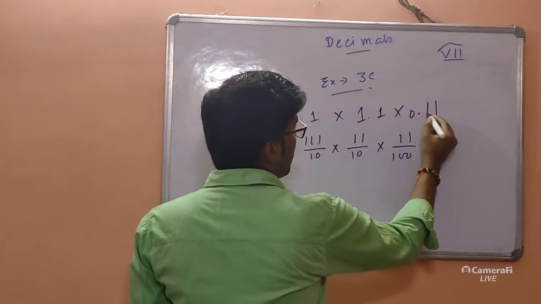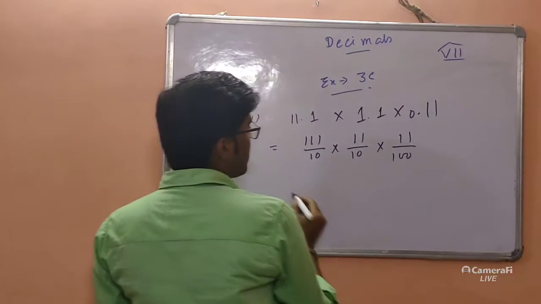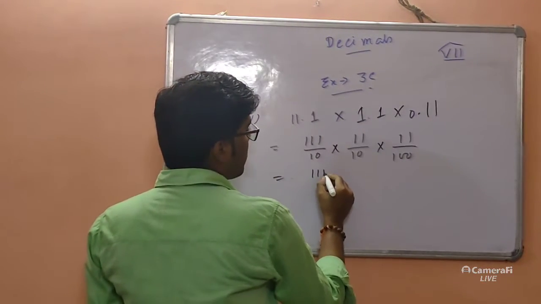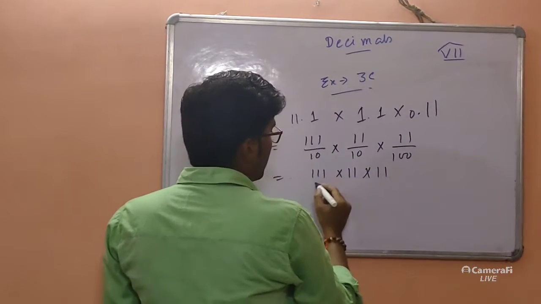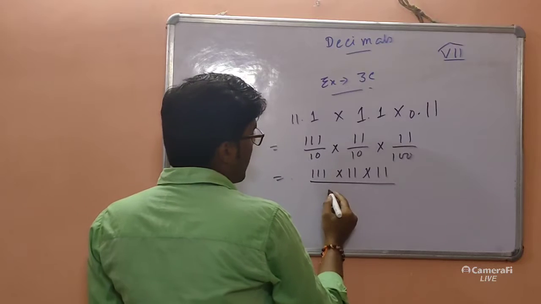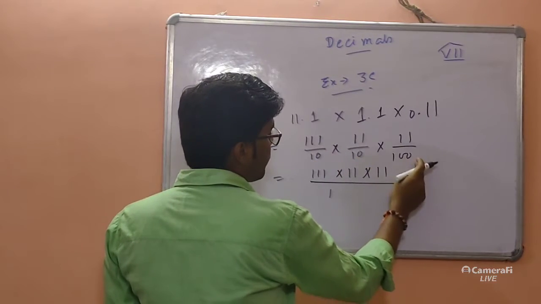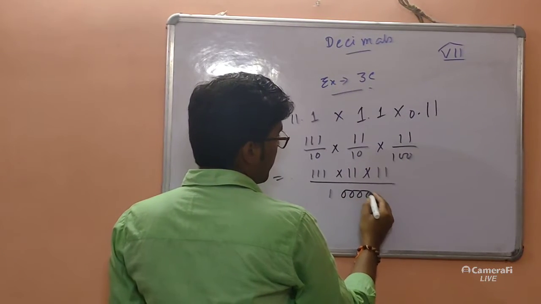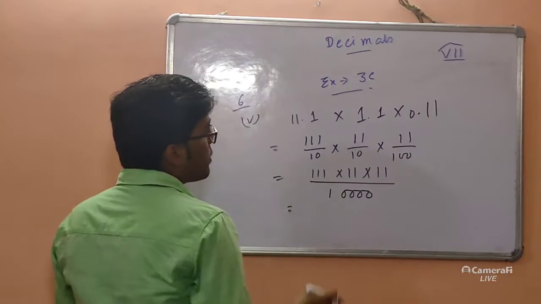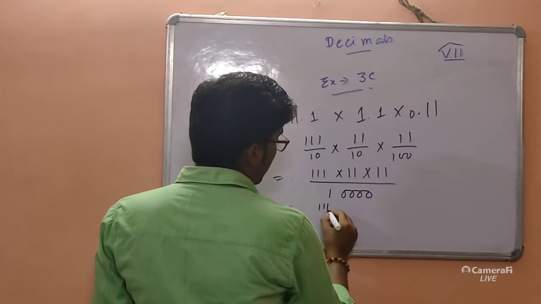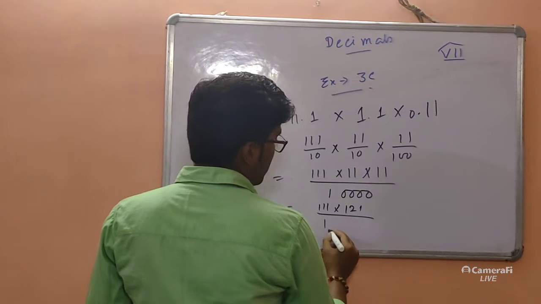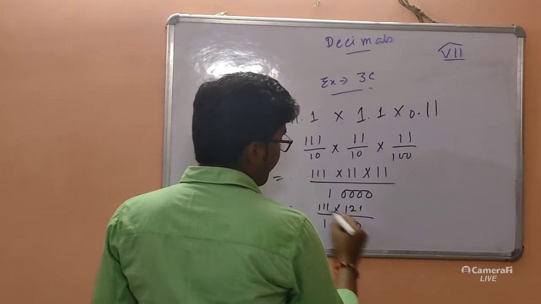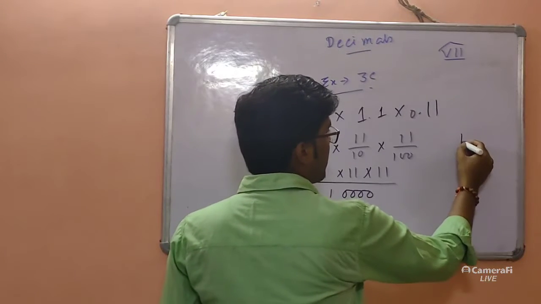Why 100? Because after the point 2 decimal places are there. Now multiply 111 into 11 into 11, divided by, after 1 how many zeros? 1 2 3 4, right? Now simply multiply 111 into, this becomes 121. Clear? Now multiply.